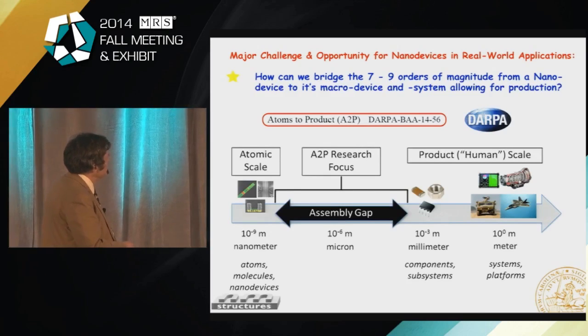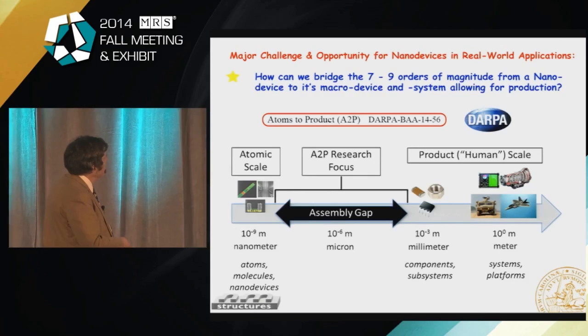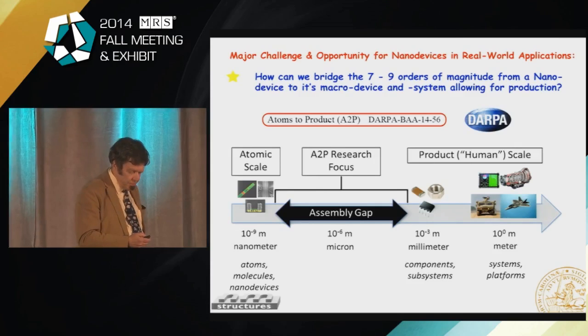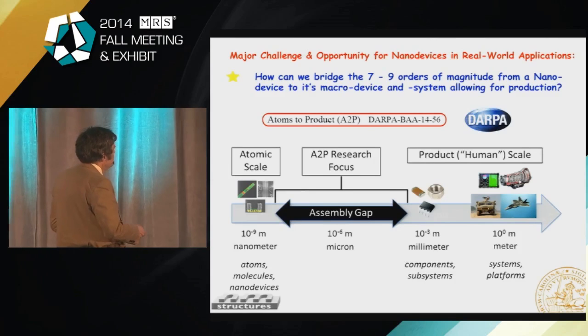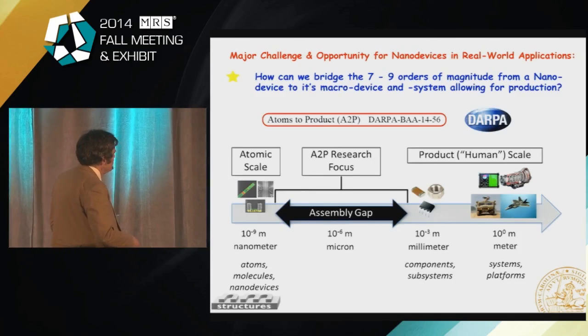Half a year ago or so came this call from DARPA that they call Atoms to Product, A2P. And they were talking about very similar things as we have been working on for a while in the lab. They say, how do we get from the atomic scale with atoms, molecules, and nano devices? I like their illustration, by the way. This is DARPA's image. And there's this big challenge in the assembly gap.